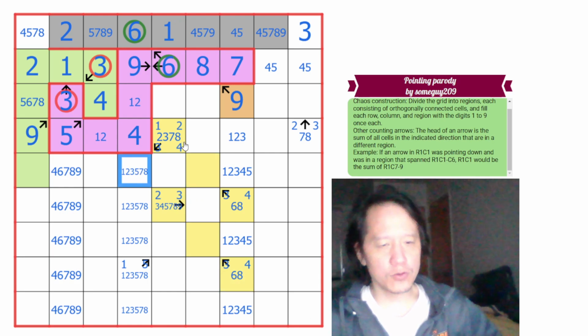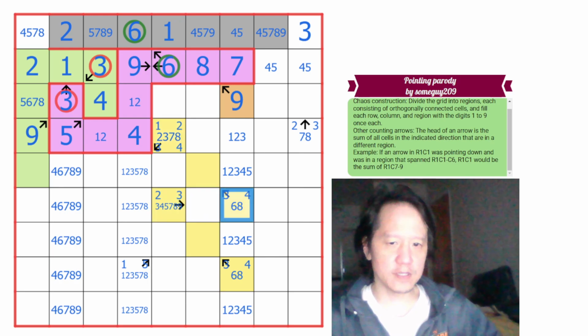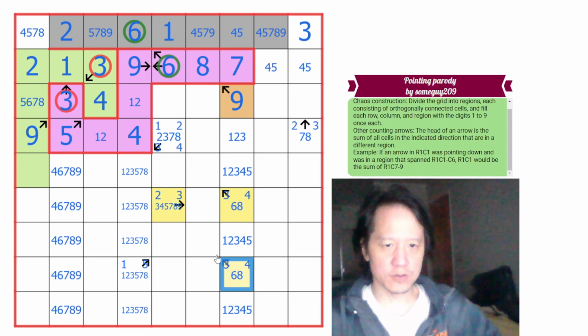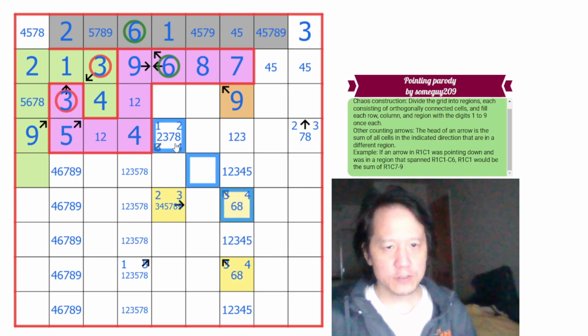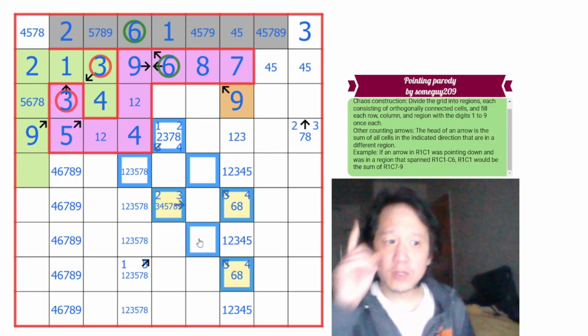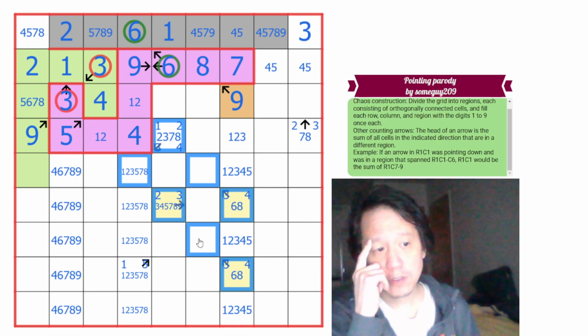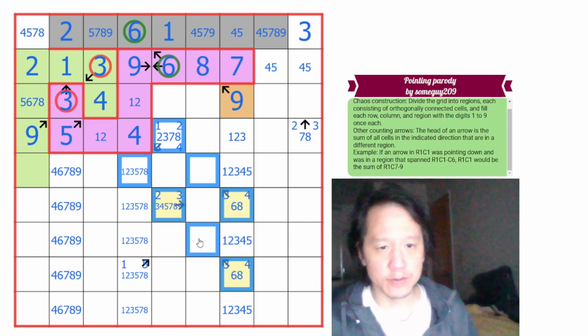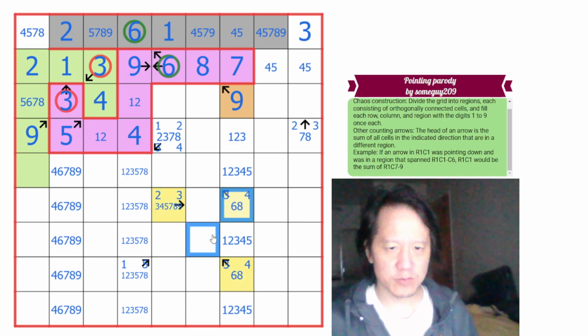If this is the same region as these two, you have 1, 2, 3, 4, 5, 6, 7, right? Only one of those is not the same region as the other yellow. I guess that's possible.